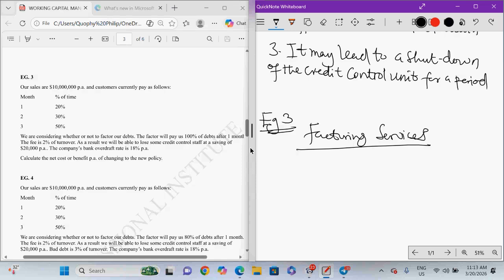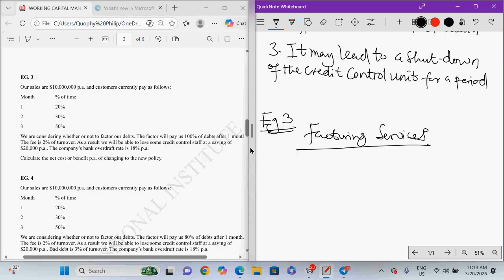As a result, we will be able to lose some credit control staff, right? So I believe this one is part of the benefits.